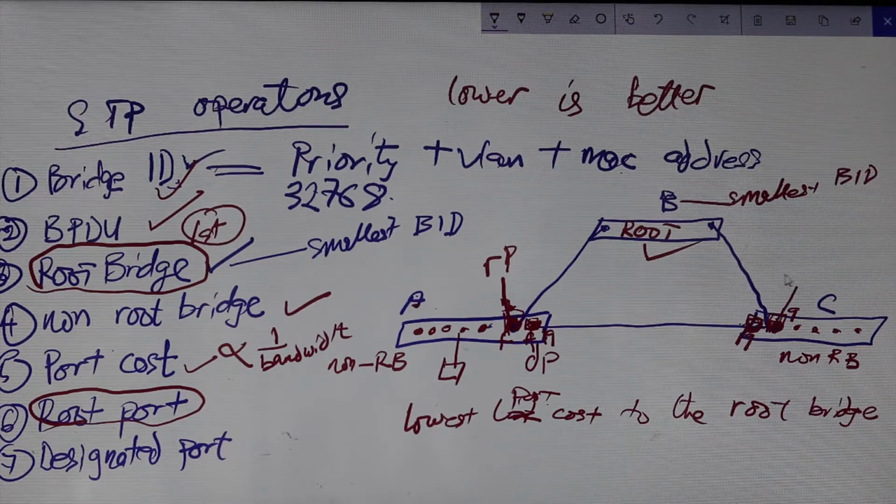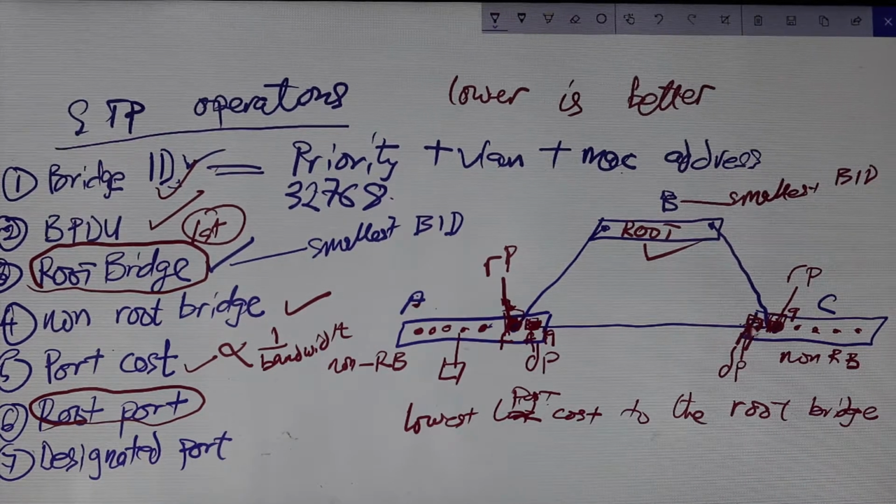So this will be the root port, and this port here will become the designated port. But the story will be different if this port here is a gigabit port with a port cost of 4. A different port will be chosen as the root port. So now you know what the root port is.